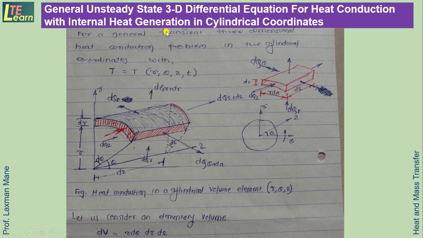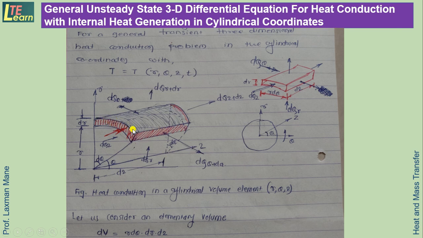In this case, we consider a basic diagram, and the way of mathematical derivation will be the same. Here temperature is a function of r, the radius, theta, an angle, z, the third coordinate, and t, the time.